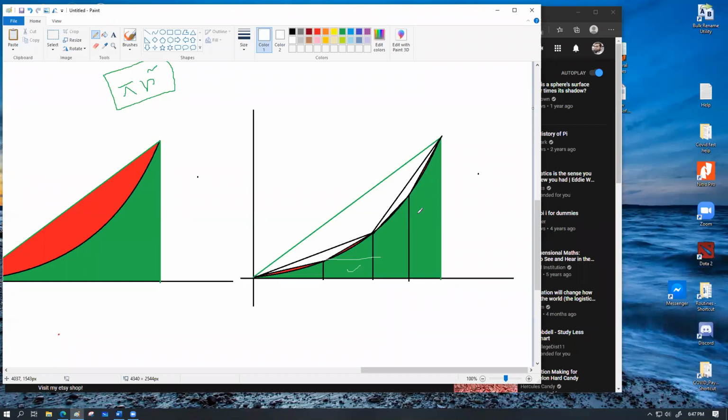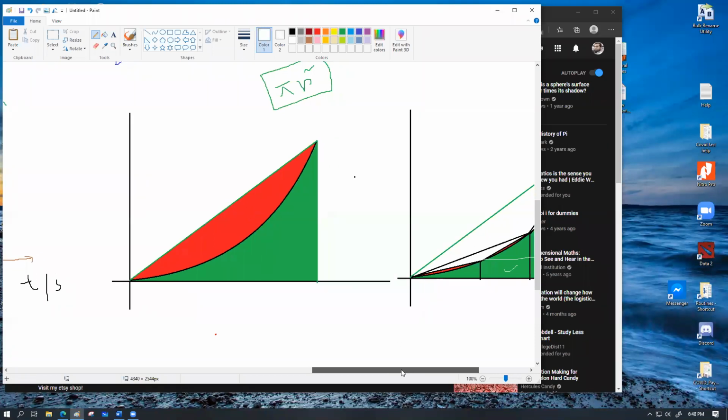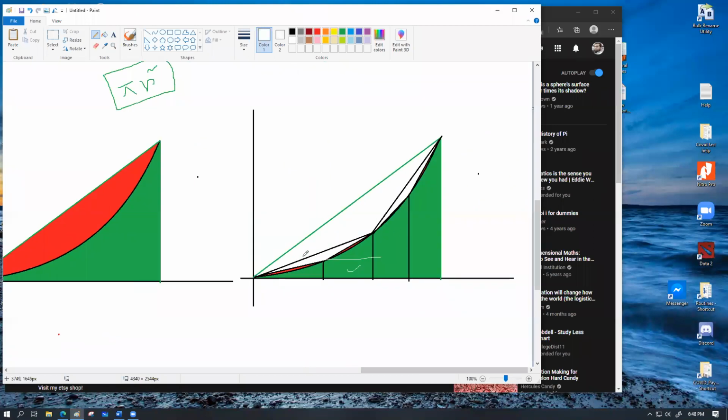The difference between these two diagrams: on the first diagram, we assumed this entire curve as a single straight line and calculated the entire area under the curve, assuming it as a straight line. So the triangle was the area, and we made an error of this red amount. In the second step over here, we tried to divide it into 2 triangles. So this was the error amount.